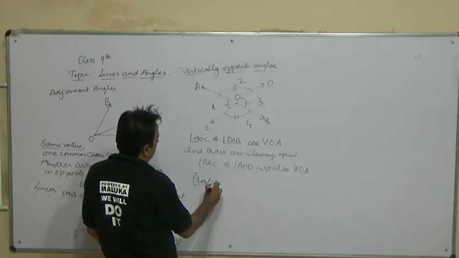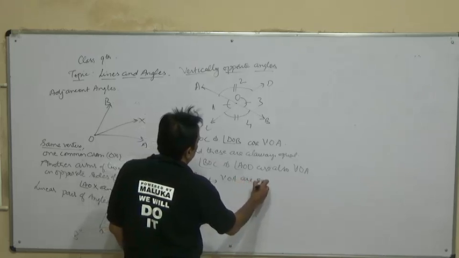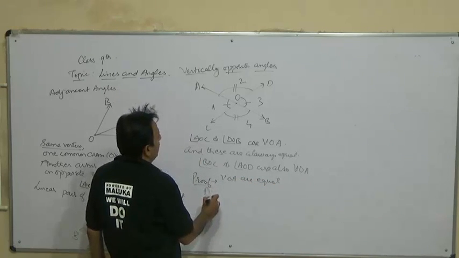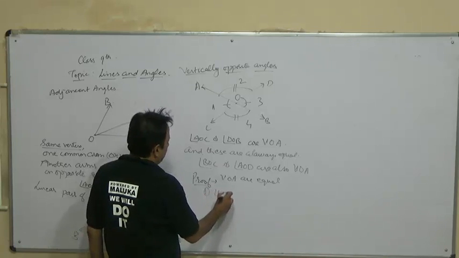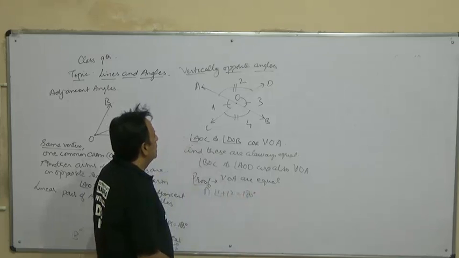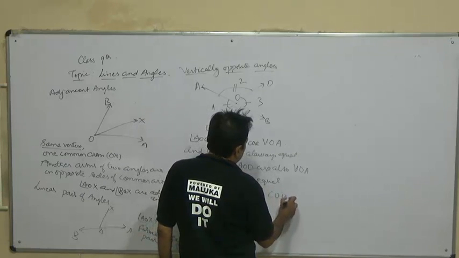Proof of vertical opposite angles are equal. So the statement is, we can say that angle 1 plus angle 2 is equal to 180 degrees. Why? Because COD is a straight line. CD is a straight line.